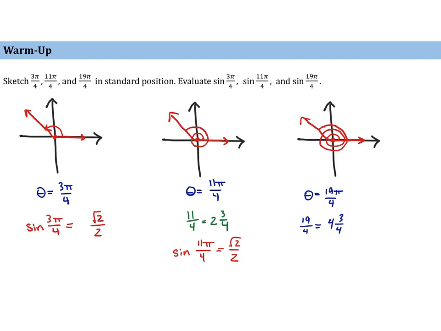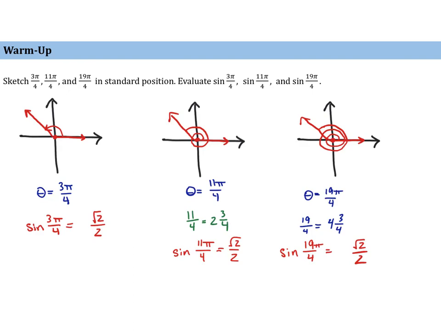So we land in the second quadrant, yet again. Sine of 19 pi over 4 is equal to, our reference angle is the same as before, and we're in the same quadrant as before, so therefore we end up with the square root of 2 over 2 in each one of these circumstances.